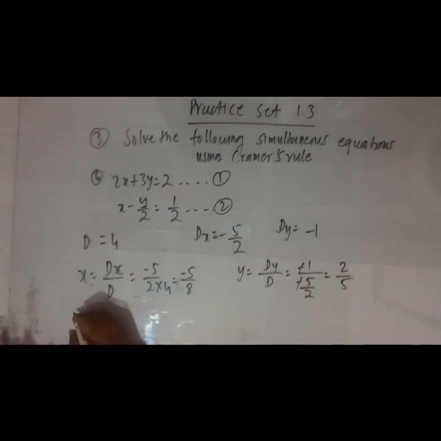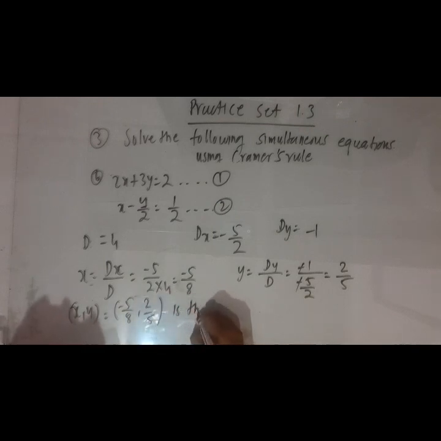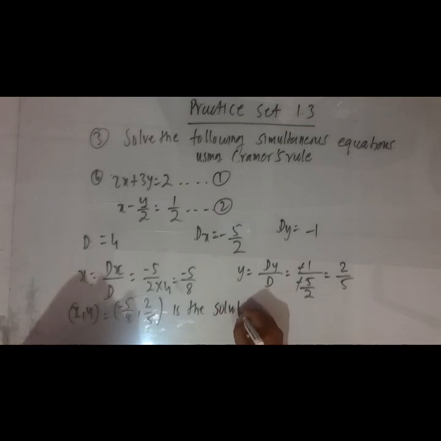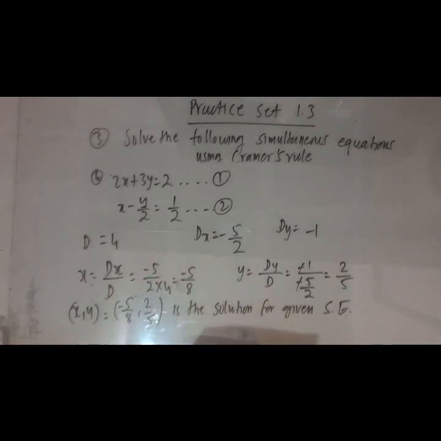Therefore the value of x, y is minus 5 upon 8 and 2 upon 5, which is the solution for the given simultaneous equations. So this finishes practice set 1.3.